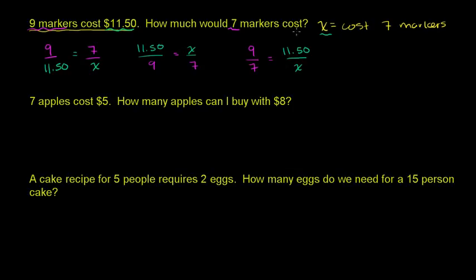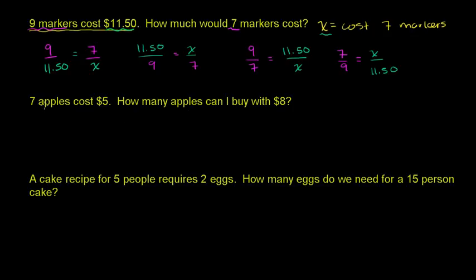So you could say that the ratio of 7 markers to 9 markers is the same thing as the ratio of the cost of 7 markers to the cost of 9 markers, so that is 11.50. So all of these would be valid proportions, valid equations that describe what's going on here. And then you would just have to essentially solve for x.